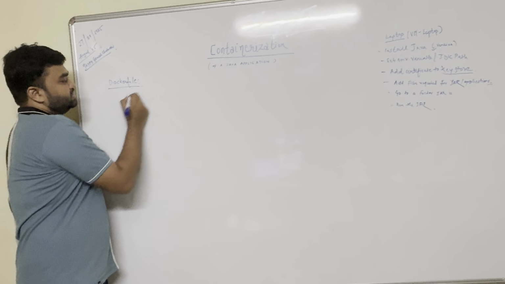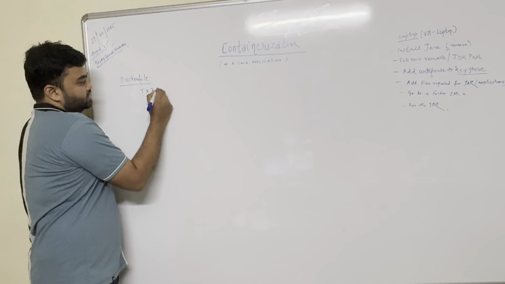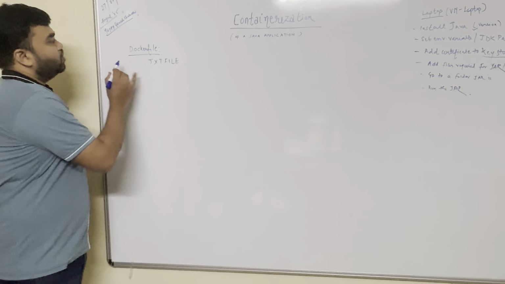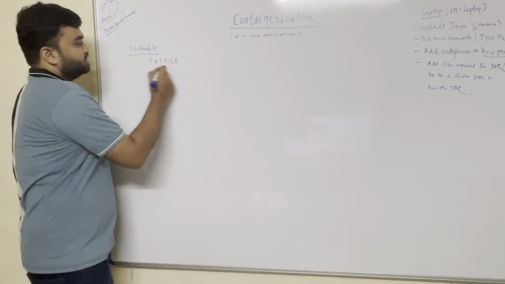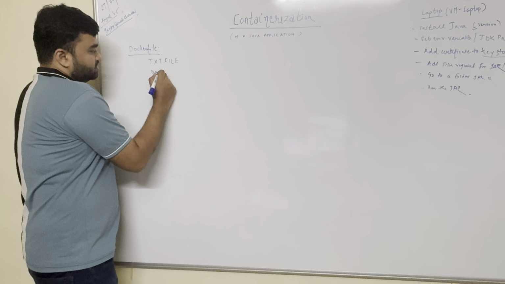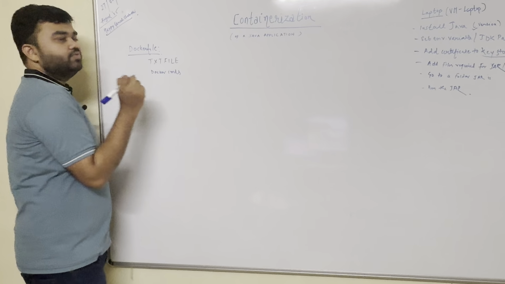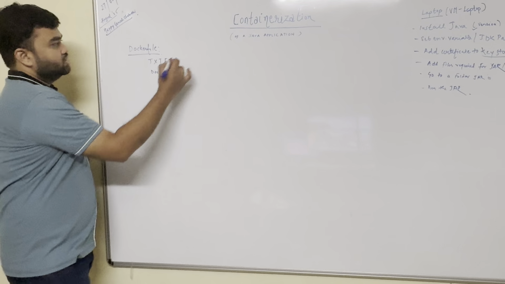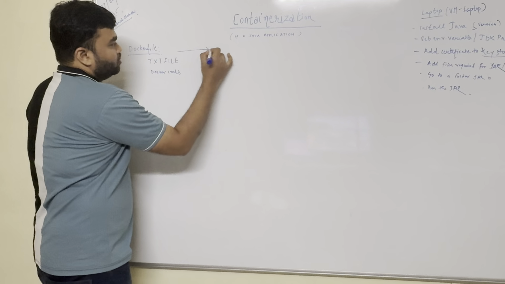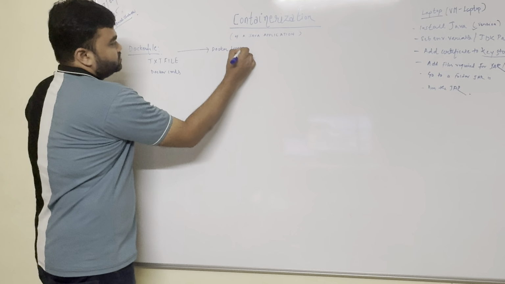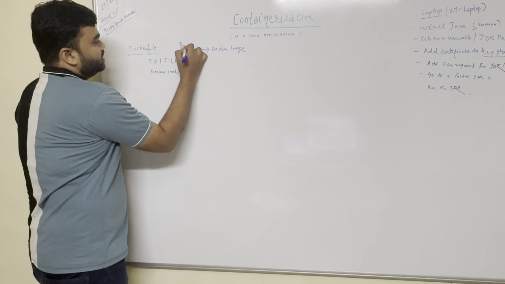A Docker file is a text file having Docker commands which Docker will use to create the Docker image. From a Docker file, we get a Docker image. When we build a Docker file, you get a Docker image.